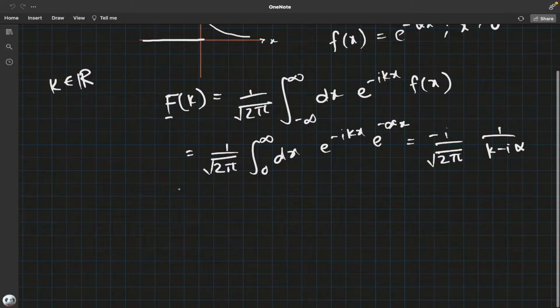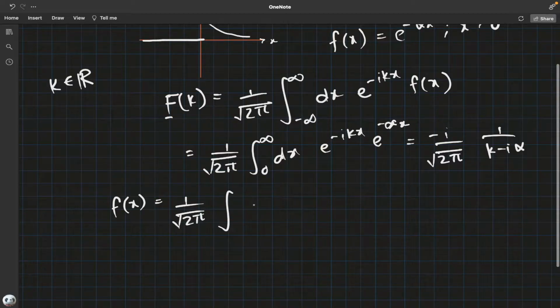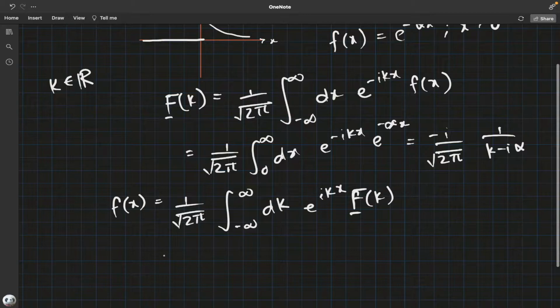Now if we want to invert this, so we want to regenerate our f of x from this Fourier transform, we just invert the transform with the formulas that we established in the past couple of videos, I mean before the gaming ones at least. So I have this f of k, which is complex.